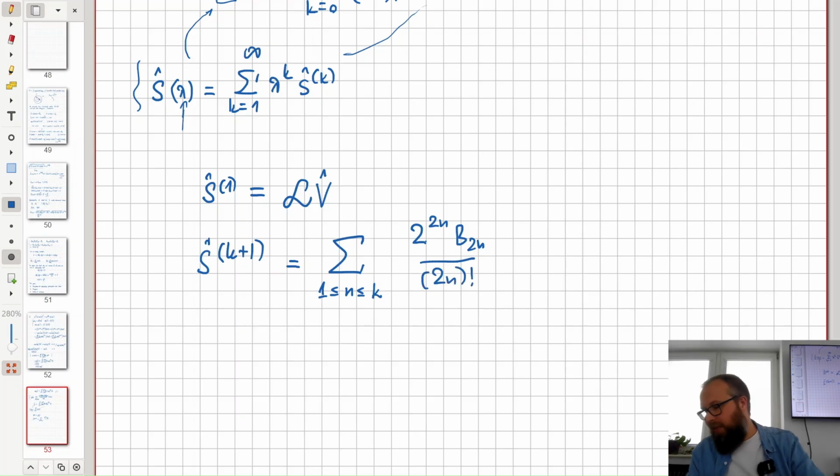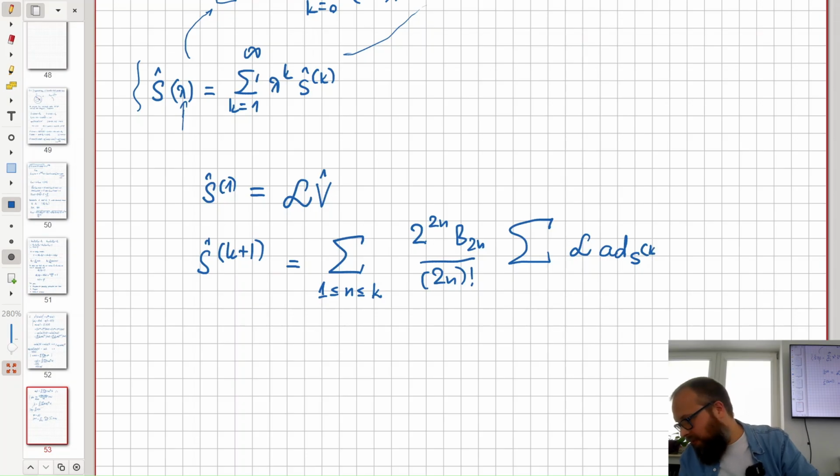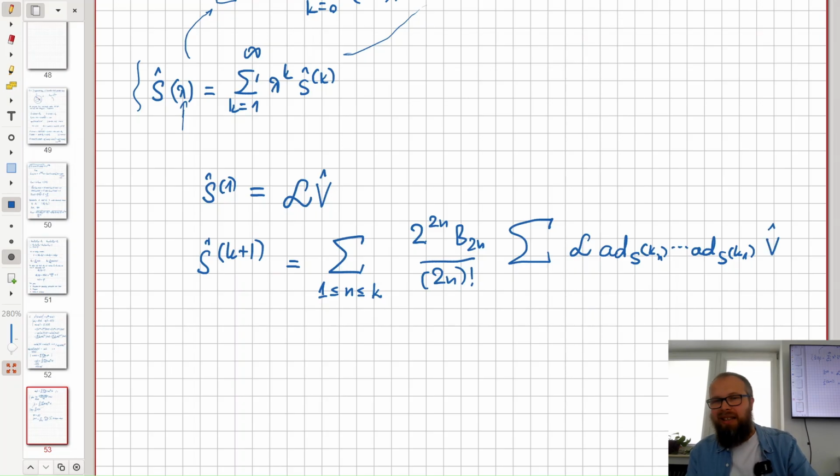Once we collect everything, here will be a very weird sum, which I will write like this: L, ad S_{k_n}, ..., ad S_{k_1}, acting on V. So we will have n indices, k_1 to k_n.